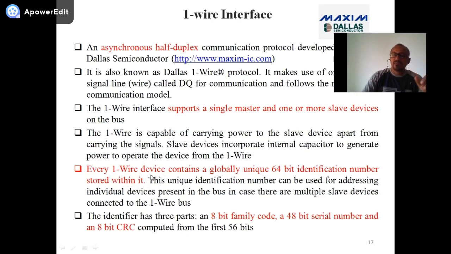Every one wire device contains a globally unique 64-bit identification number stored within it. This unique identification number can be used for addressing the individual devices present on the bus in case there are multiple slave devices connected to the one wire.